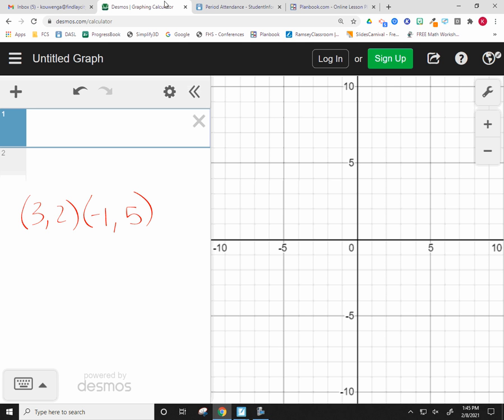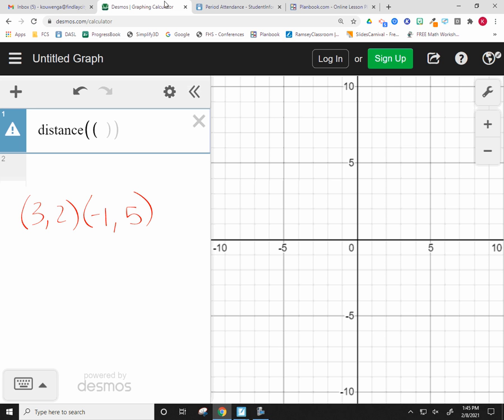Okay, so all you have to do, you have to type in the word distance, and it's trying to guess what you're trying to type, so it starts looking funny. But once you put the last E in there, then it goes back to normal. And then you're going to start a parenthesis. And you can see it puts a finishing one on there for you. But within this parenthesis, we need to put both of our points. So we have to start another parenthesis. And we're going to find the distance between these 2 points up here that I have listed, just as an example.